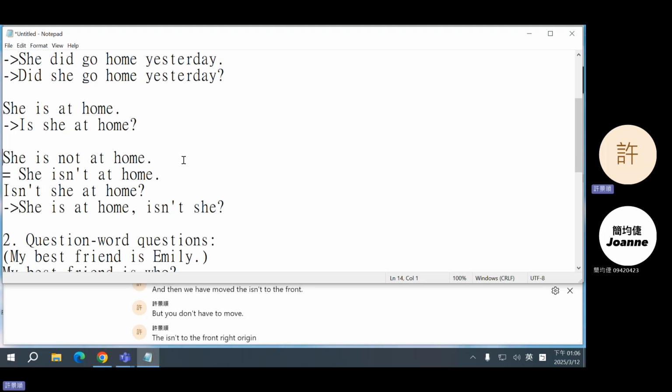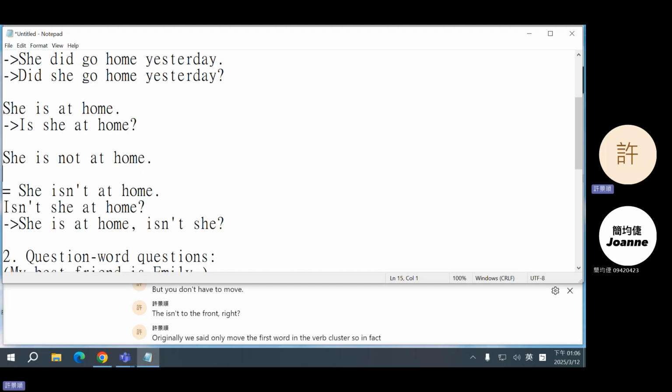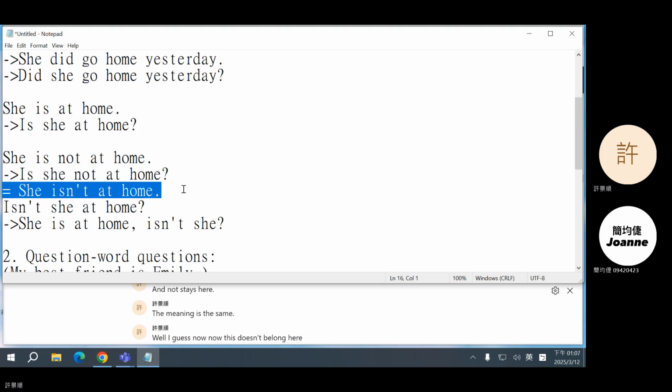But you don't have to move the isn't to the front, right? Originally, we said only move the first word in the verb cluster. So in fact, you can also do this. You're only moving the first word, and not stays here. The meaning is the same.